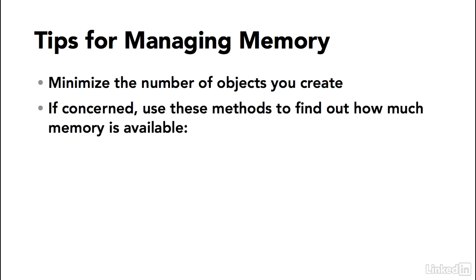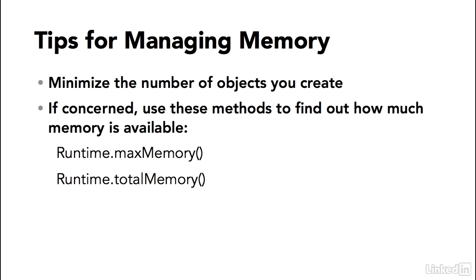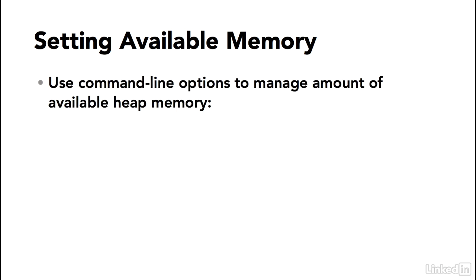If you're not sure whether your application is having trouble, you can use these methods. First of all, the runtime class has a method called maxMemory, and it also has a method called totalMemory. This will tell you how much memory has been allocated to the virtual machine and how much is currently in use. And you can set these values when you start up an application with command line options.